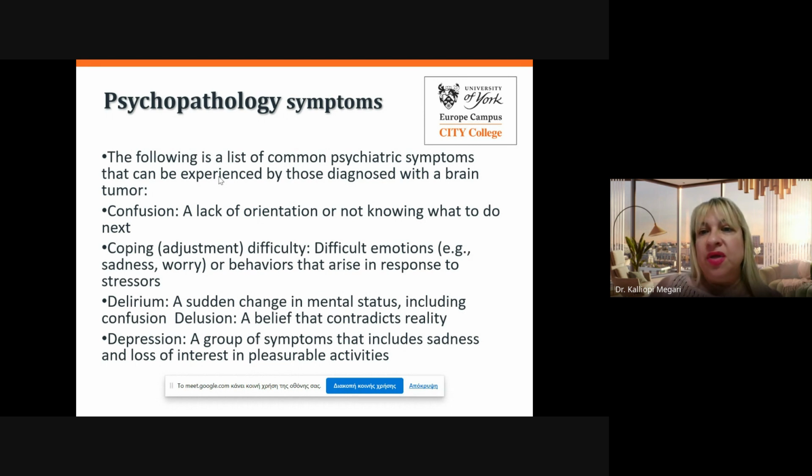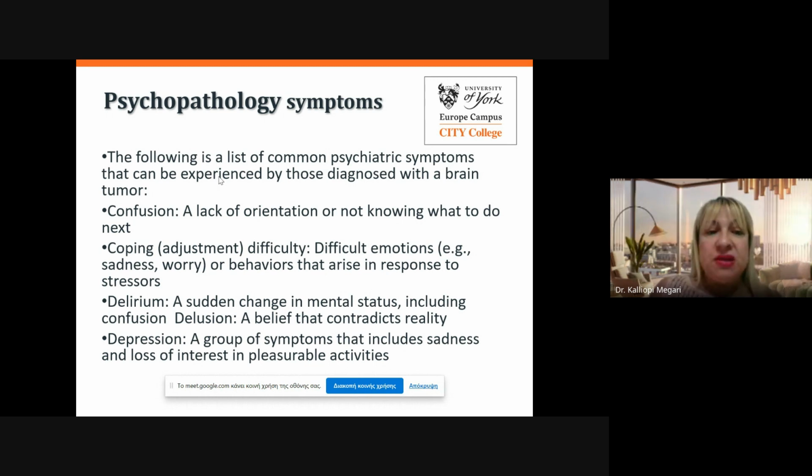For example, they may have confusion, lack of orientation, adjustment and coping difficulties. They cannot cope regarding their emotions. They have sadness, they have worries, behaviors that arise in response to stressors.